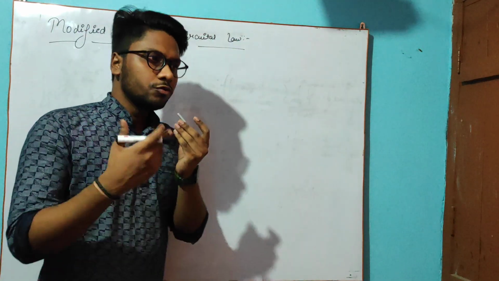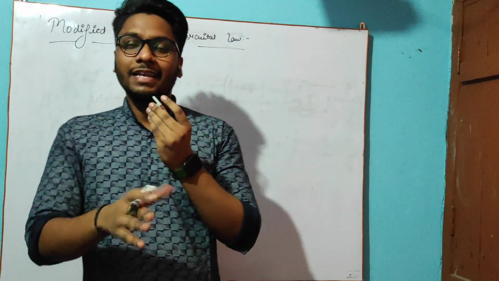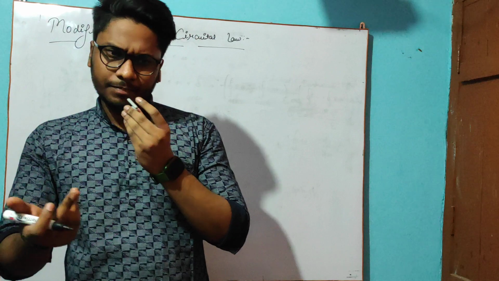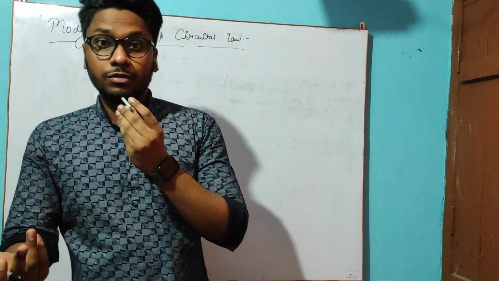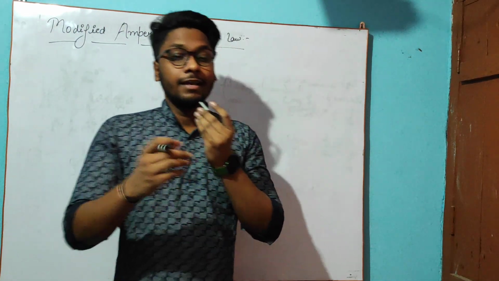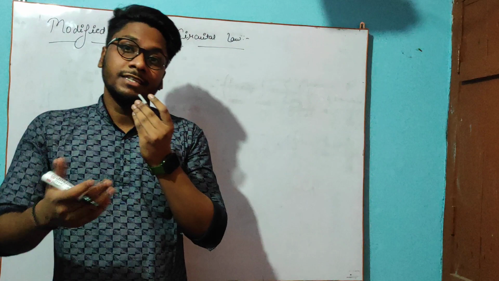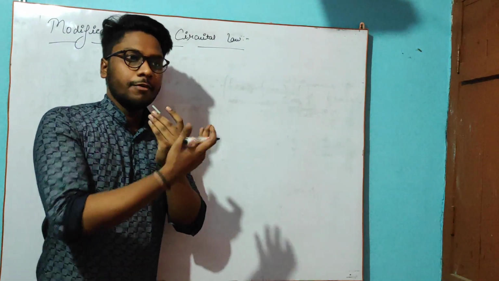So Maxwell used the concept of symmetry between electricity and magnetism: is it possible that on changing the magnetic field, an electric field is produced? And if the electric field changes with time, is it possible that a magnetic field is produced? So why did Maxwell think such things?